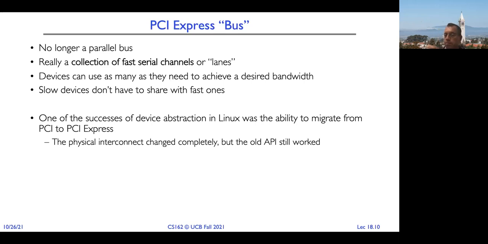And again, the beauty of Linux and Unix, before it, was the ability to support all this, not only to migrate from PCI to PCI Express, but to provide a pretty uniform interface across all these devices. And also the API itself remains pretty much the same.